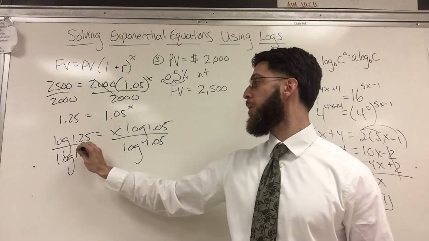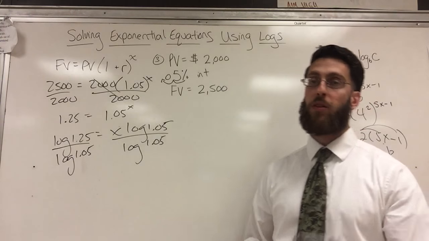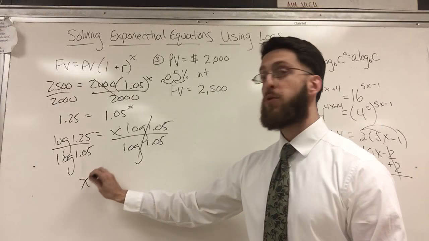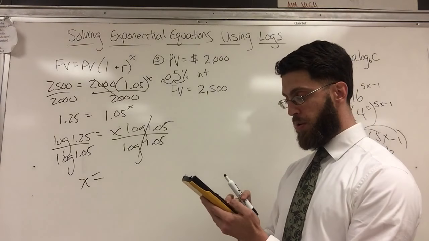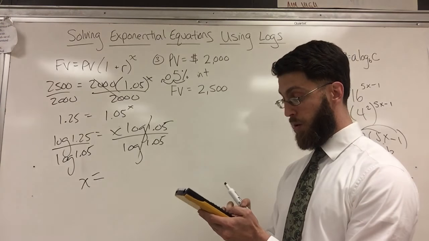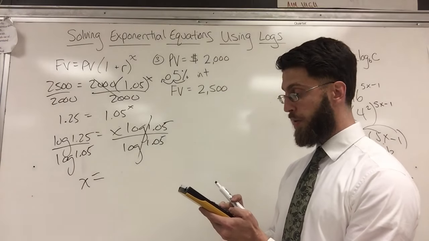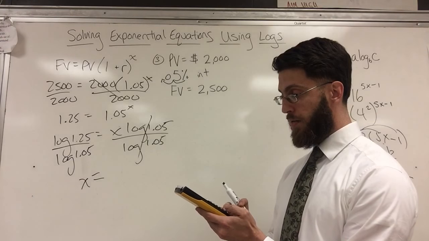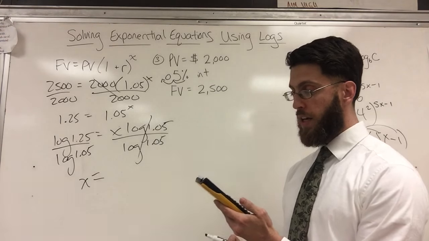This time I'll do it for you, because I don't want you to feel like I left you hanging. So log 1.25, close parentheses, divide by log 1.05, close parentheses.